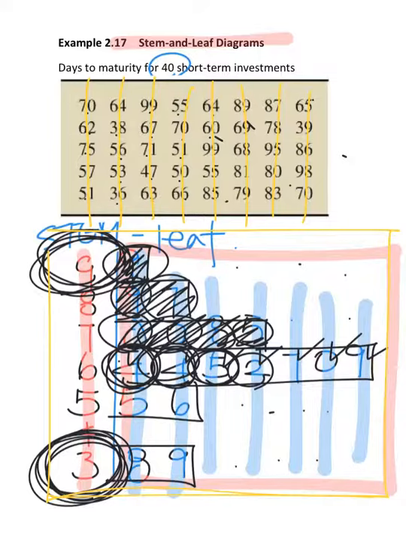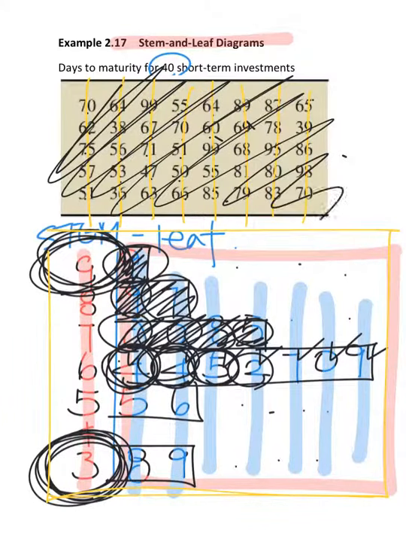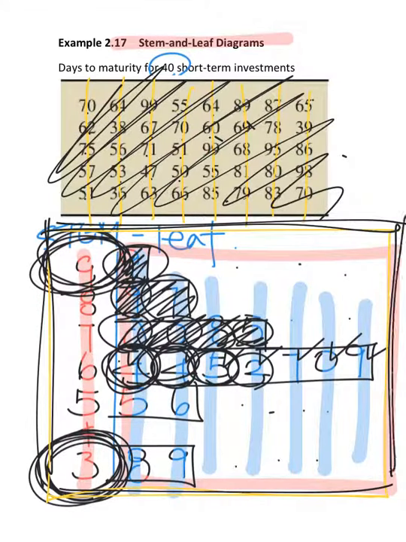How do you think? Most of the time, when we have a stem and leaf, histogram, whatever, we don't have the raw data. We just have the plot. Dot plot, histogram, stem and leaf. So when we have only the stem and leaf, for example, 5 and 5, it might be 55.